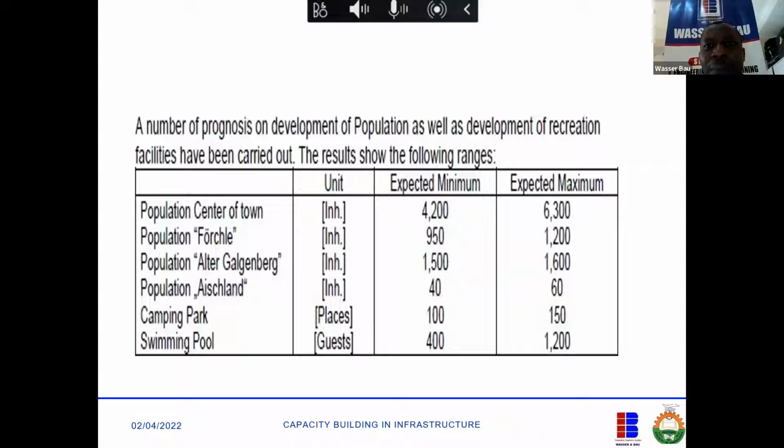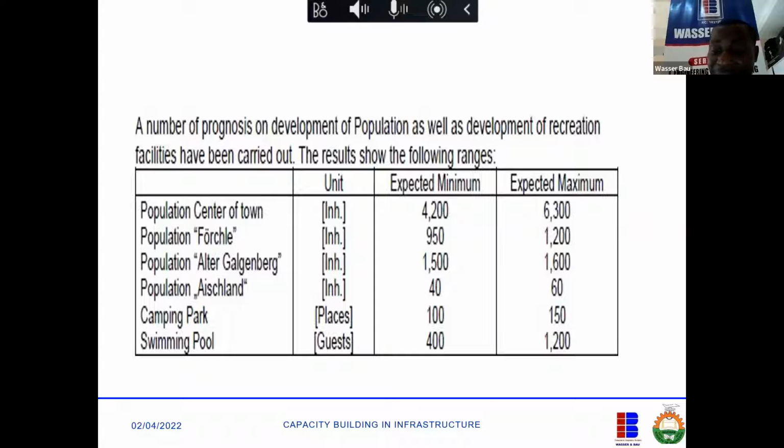Okay, that's why if you come to Abuja, we have Gwarimpa, Jahi, we have Asokoro, we have Guzape, we have Gudu. These are the 6 water distribution areas. Okay, so the same thing you do.